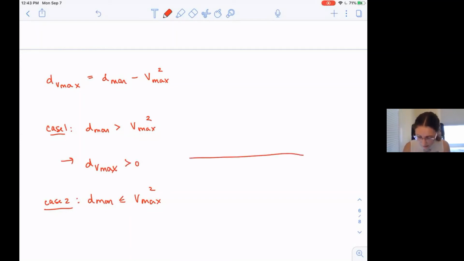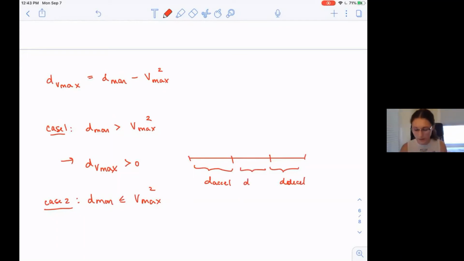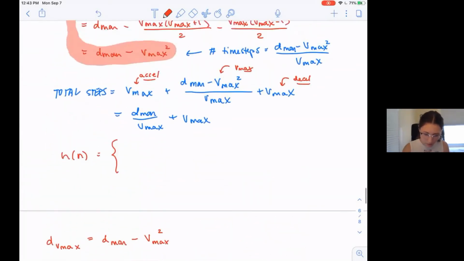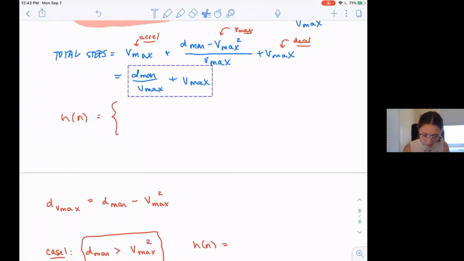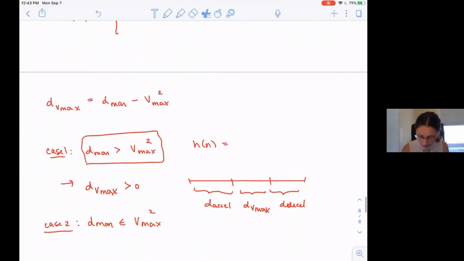This is exactly that setup we were just talking about, where there was going to be a portion where we're doing acceleration, a portion where we're doing deceleration, and some non-zero portion of our movement through the space where we're maxing out our velocity. And so we know that if we're in this case, then the heuristic that we just came up with, h of n, which equals this under approximation of the total number of steps, is valid.